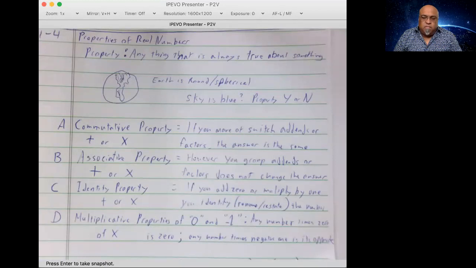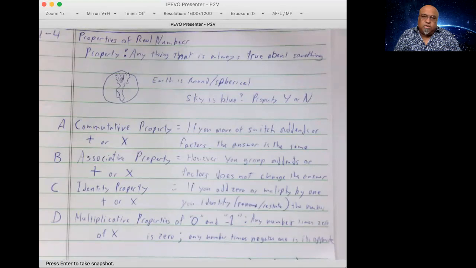Now, if I defined this a little bit closer and said, on a sunny day with the sun full up in the sky, is the sky blue? Then yes, you could say that would be a property of the sky. The sky is always blue. And if you want to get super scientific, you could theorize that because the sky has oxygen in it and oxygen shows up blue when light goes through it, the sky is always blue as long as unfiltered light is going through it.